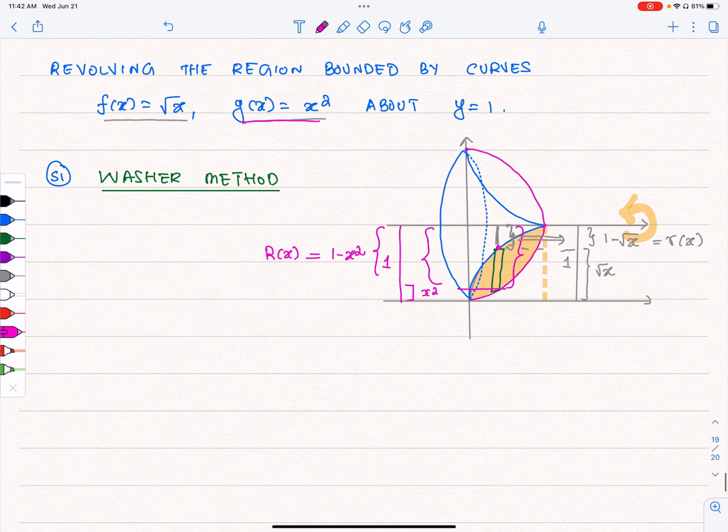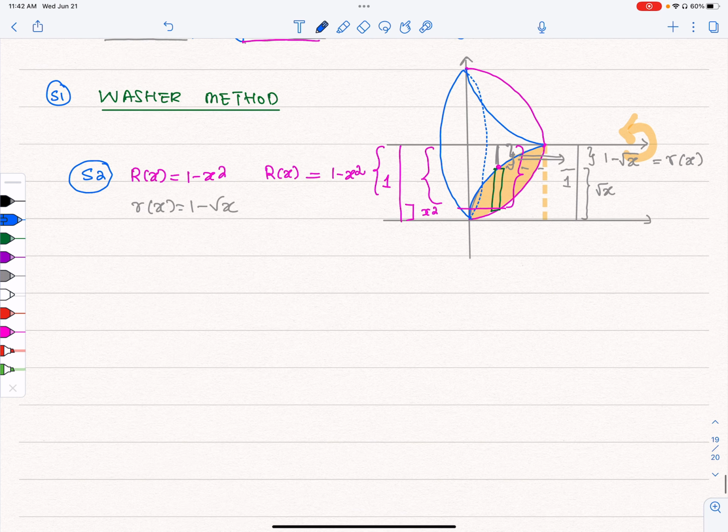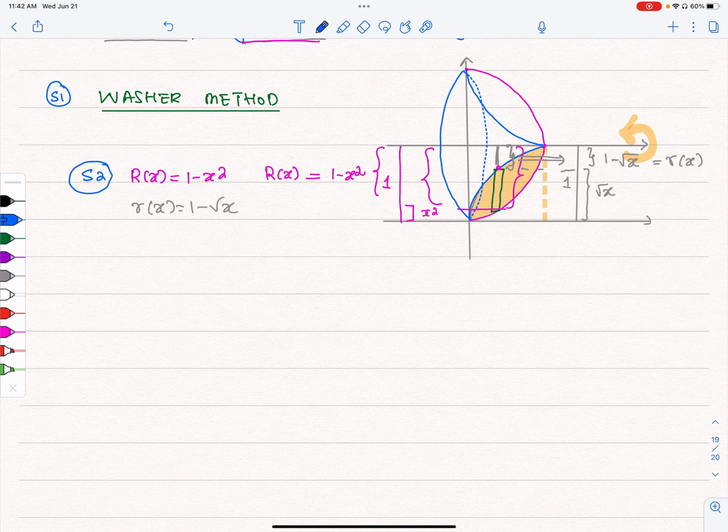So that's your step number 2, we figure out the capital R of x and small r of x. And so therefore, step number 3, let's plug it into the volume formula.